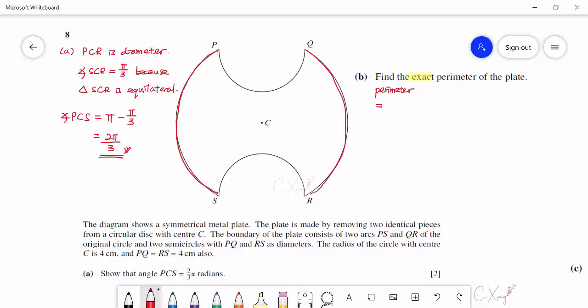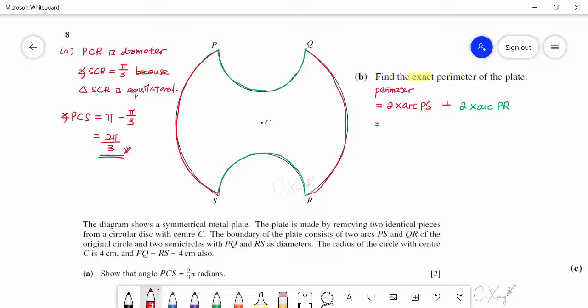PS and QR should have the same length because they are symmetrical to each other, so I will write it as 2 times arc PS. Then plus, what else do we have? We also need to consider this length and also this length. PQ and SR should be the same also, so I will write it as 2 times arc PR.